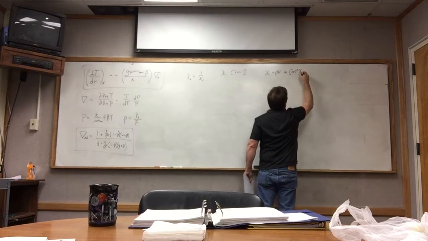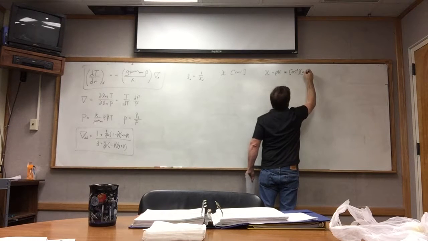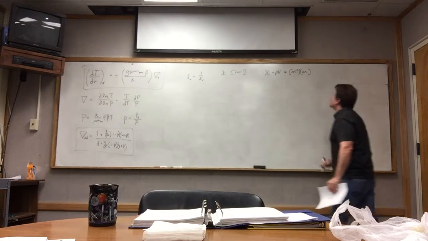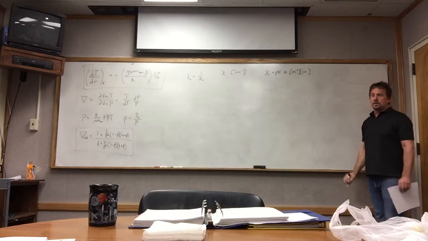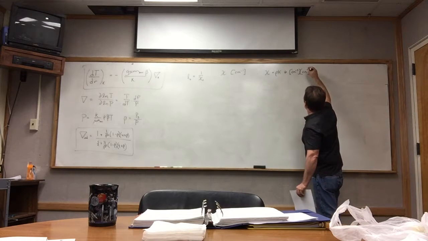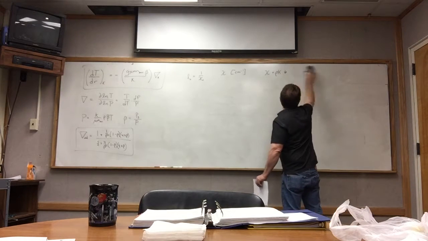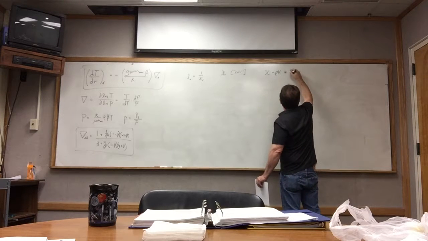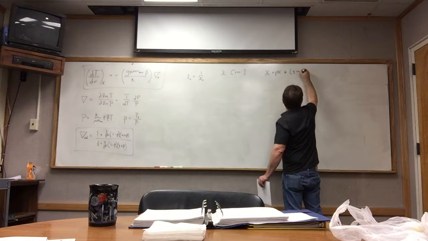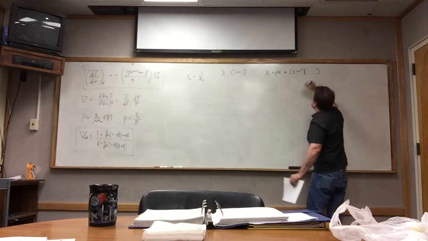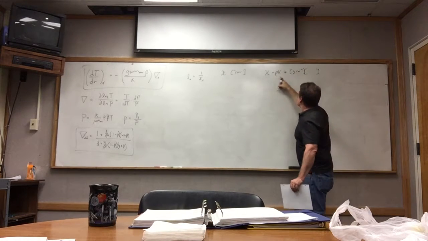Right? So what is kappa? Rho is in units of grams centimeter minus 3. Right. So what does kappa have to be to get out centimeters?